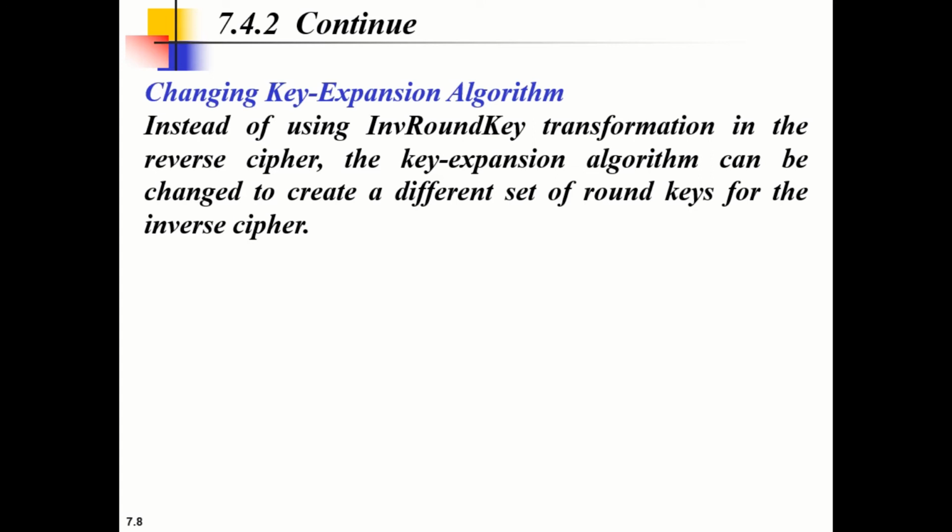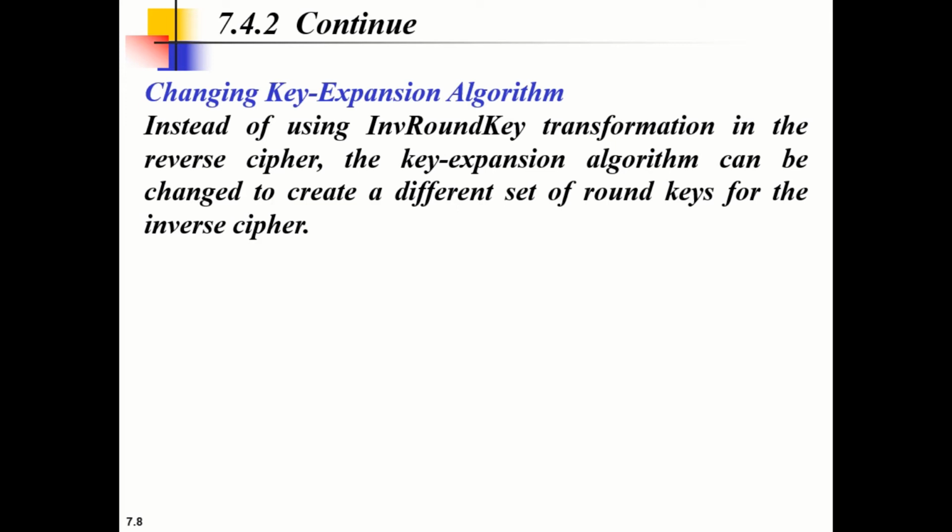Now if we change the key expansion algorithm, then instead of using the inverse round key transformation in the reverse cipher at the decrypting side, the key expansion algorithm can be changed to create a different set of round keys for the inverse cipher. So here what we do is we generate inverse keys for the decryption.